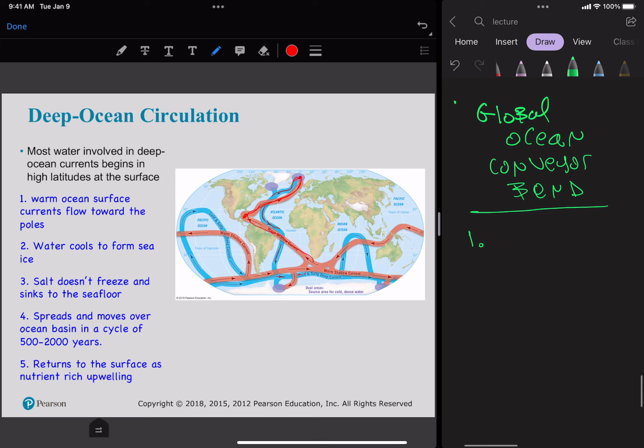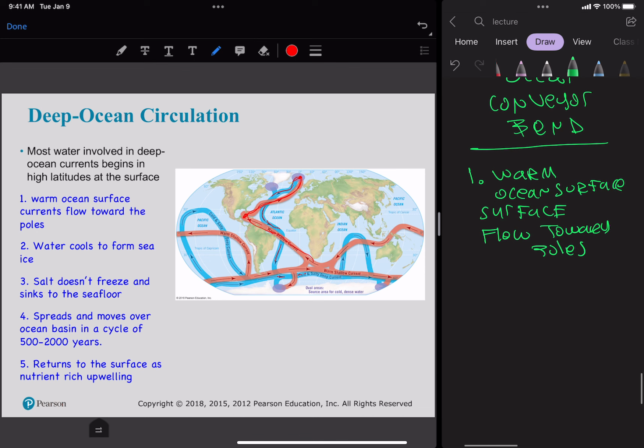The first thing is that warm always wants to go towards cold. So the warm ocean surface currents flow towards the poles. And once they get to the poles, the water cools down.